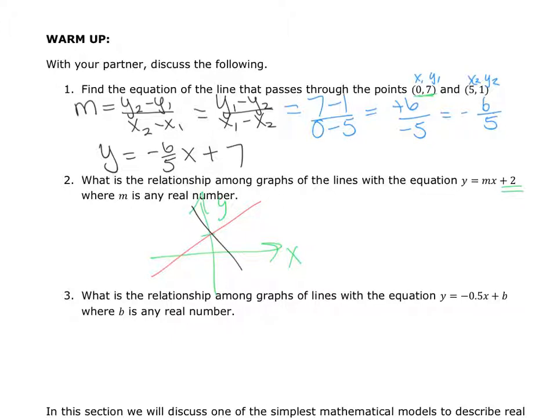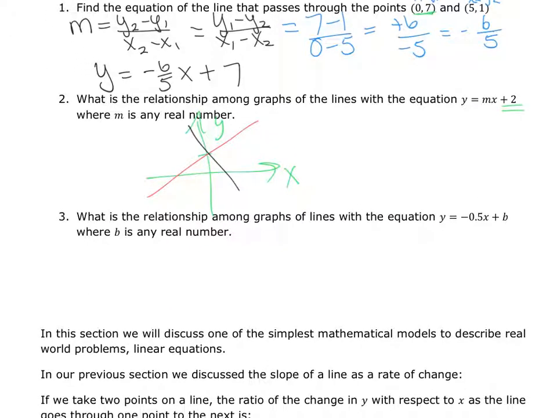If I look at my next question, it says y equals negative 0.5x plus b. That means my slope is the same, but what's changing is my b. In other words, my intercept is changing. So what I have with that one is an infinite number of lines that are parallel and that are going to go through some point b.